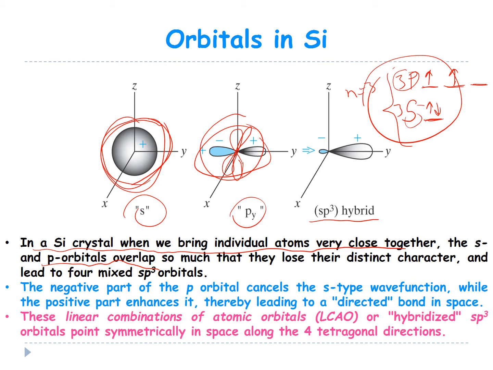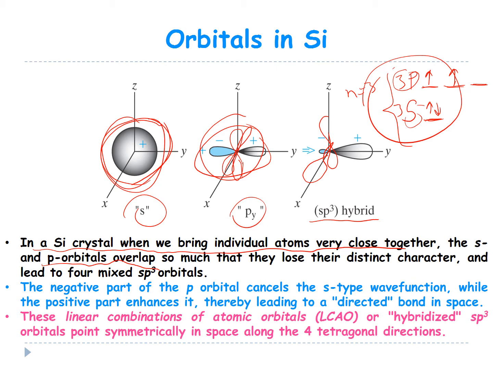So you have 1 in the Y, another one in the X, and another one in the Z. So you have these hybridized orbitals, which are very, very directive.